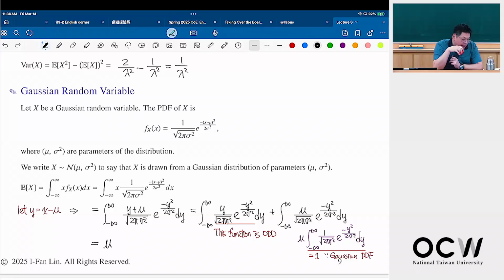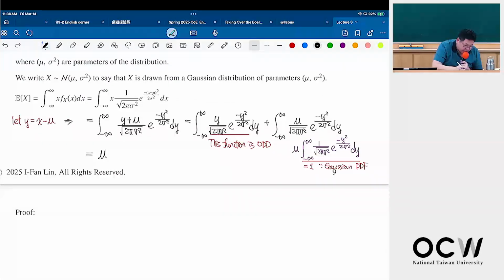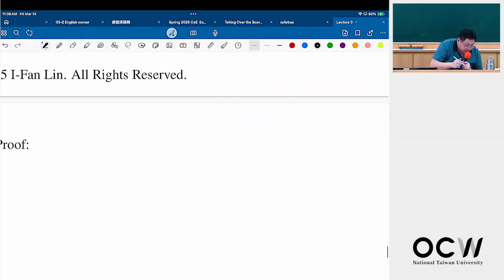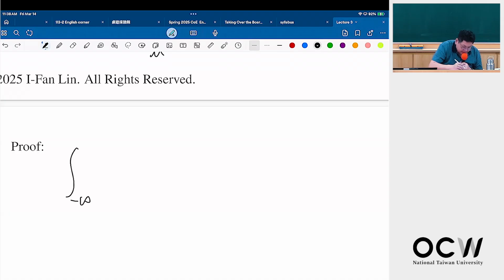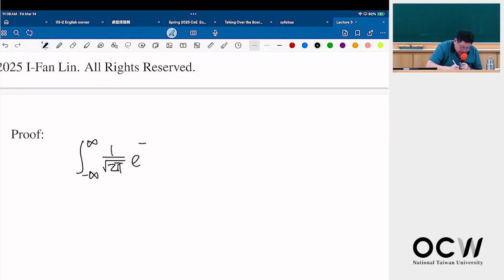Since we learned probability and we know PDF, we know this property, that this integration is 1. But when you took calculus, they also have another proof that it is 1. Say I have the integration from minus infinity to infinity of 1 over the square root of 2 pi times e to the minus x squared over 2 dx.